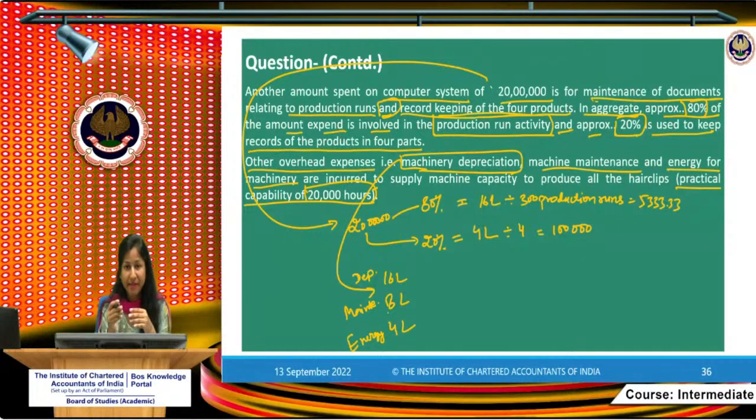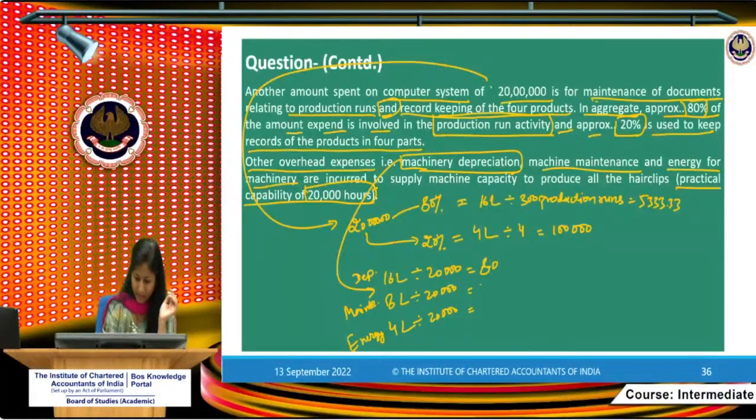How will this be divided? All these figures will be divided by 20,000 because it is common for all. So 80, 40, 20. I think up to this everyone is clear, because this was the main portion of this question, how to calculate the cost driver rate. This was the most important portion of this question.